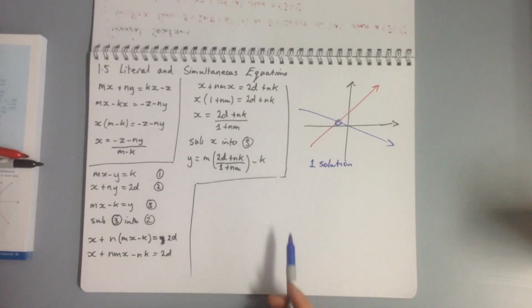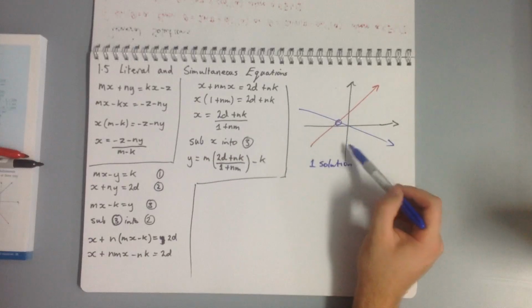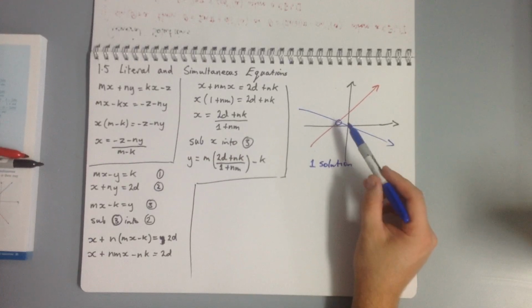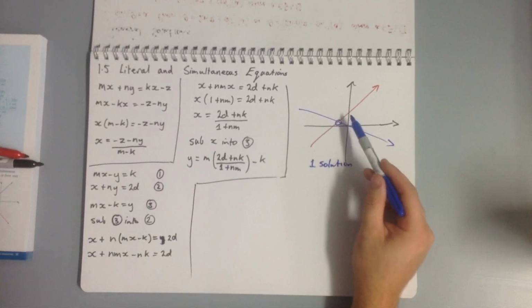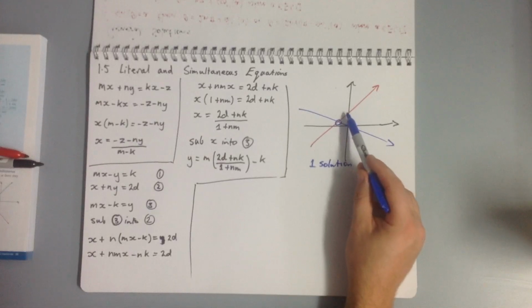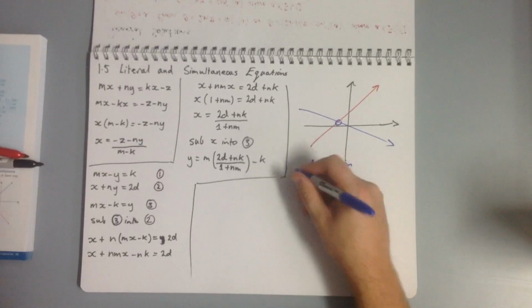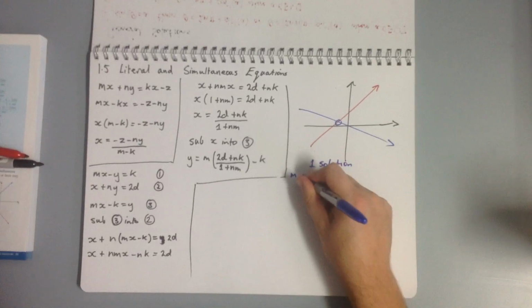Okay, and what you can notice about that is that we actually have different gradients. If we've got different gradients, we usually always have different y-intercepts. We don't have to, but we usually do. If we don't have different y-intercepts, then what that means is that the y-intercept is the point of intersection. So generally speaking, our gradient is different.